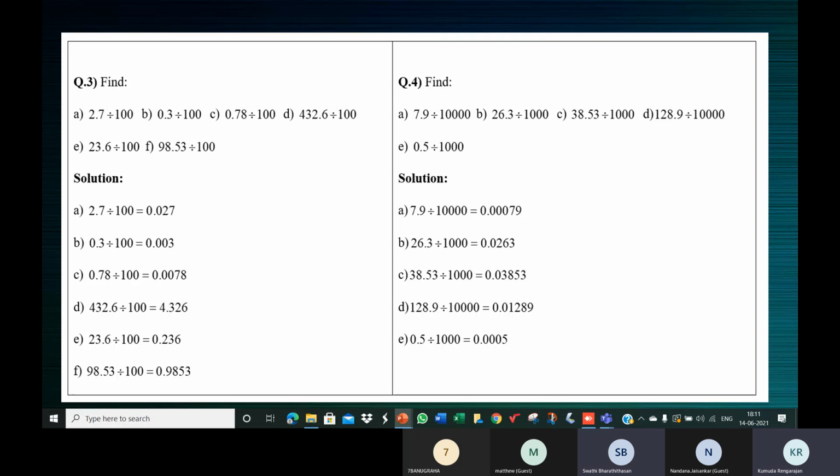The result should have 4 decimal places. How many digits do you have in the given number? You have 9, 8, 5 and 3, right? 4 digits. We have 4 digits already and we need 4 decimal places. So it will be 0.9853. Yes, ma'am.